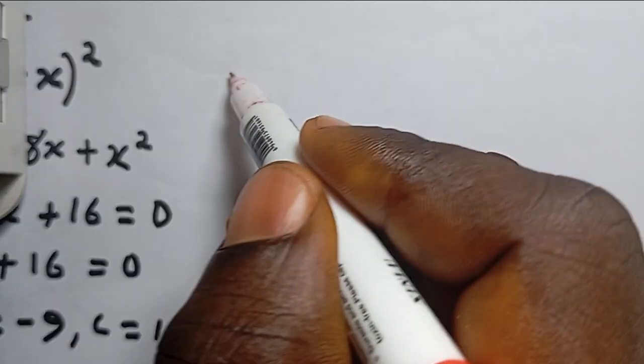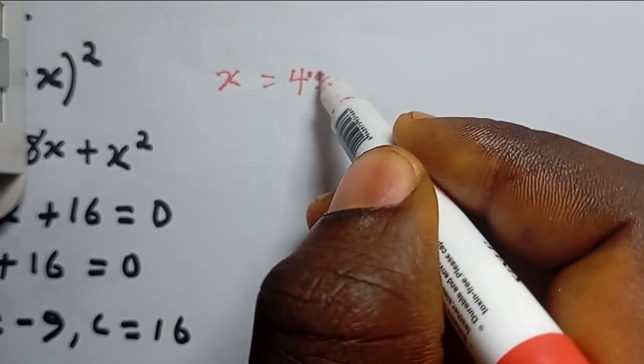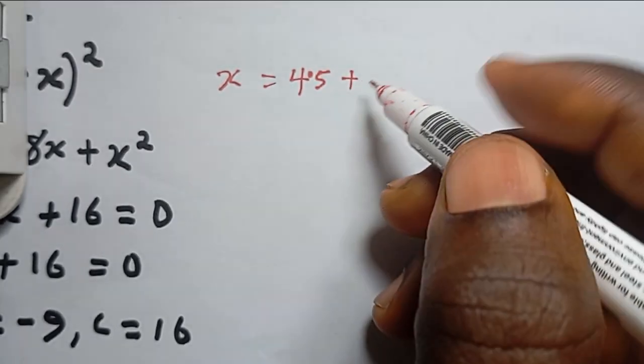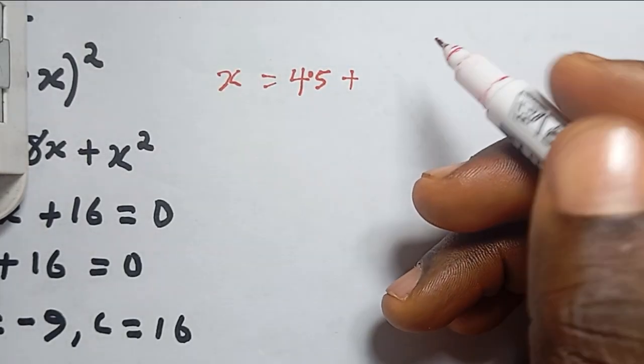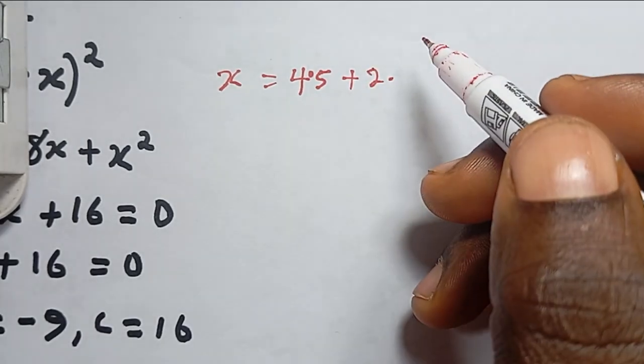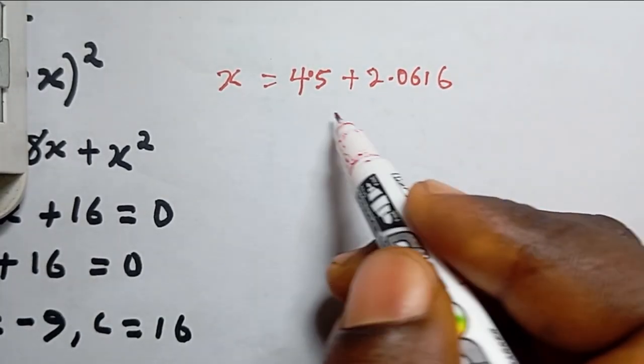And then continuing from here, x will now be equal to 4.5 plus root 17 divided by 2, which is 2.0616.